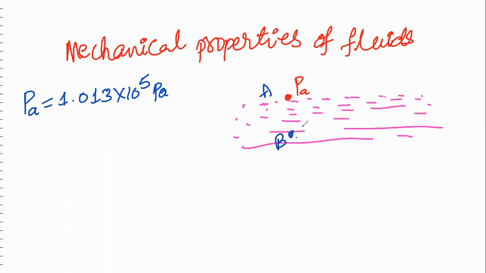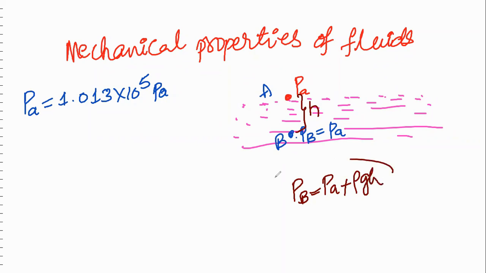At the point B, the pressure is atmospheric pressure plus the pressure that arises due to the liquid column of height H. So the pressure at the point B is equal to atmospheric pressure plus gauge pressure.